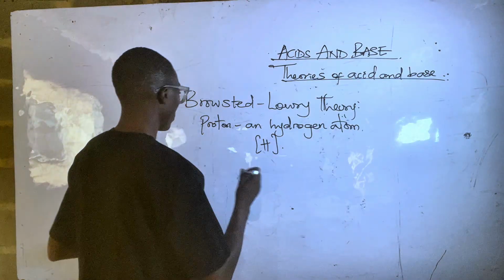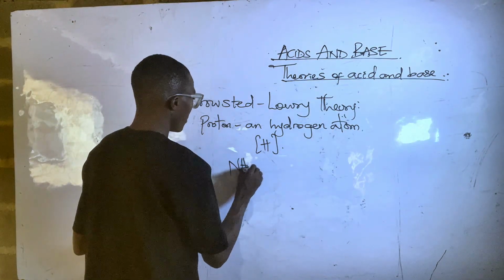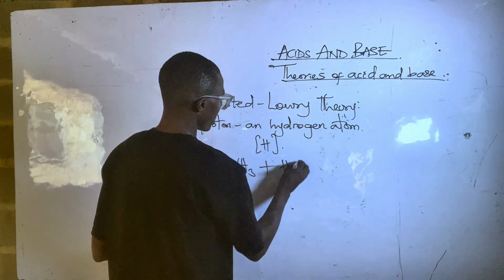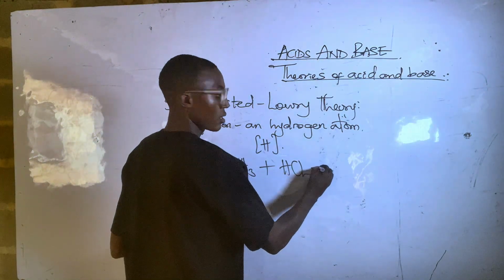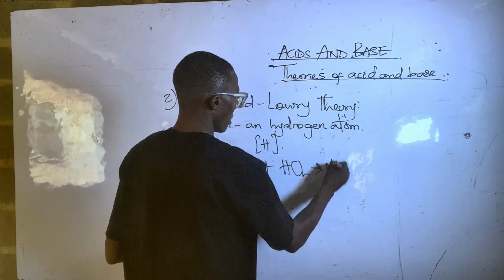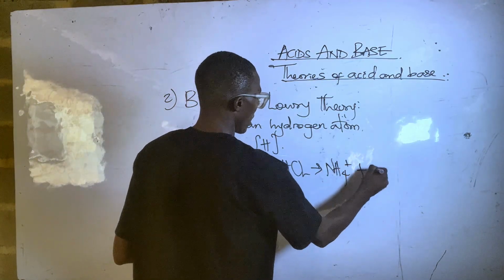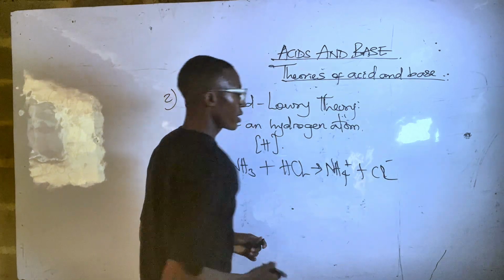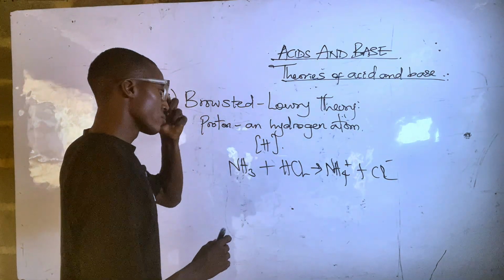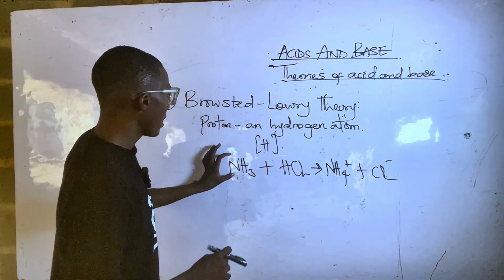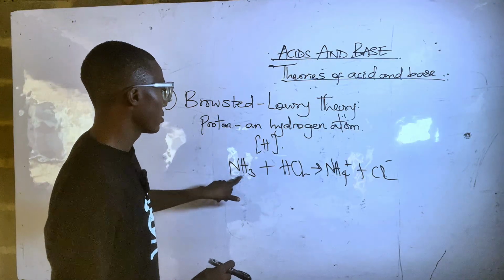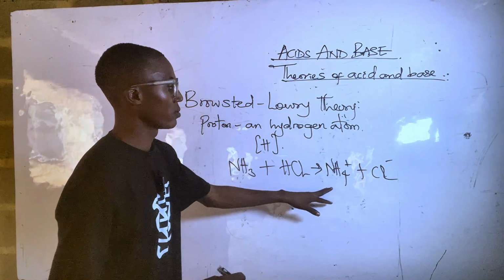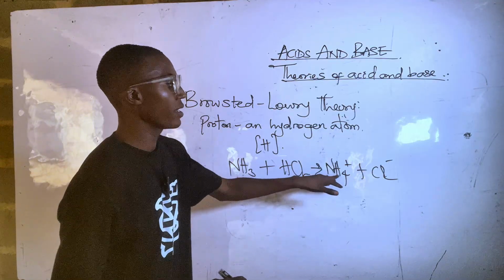So let's see, quick one example. The reaction between ammonia and HCl giving us ammonium ion and Cl minus. All right? Looking at this, NH3 has 3 hydrogen to itself. On getting to the other side of the reaction, it has turned to NH4.